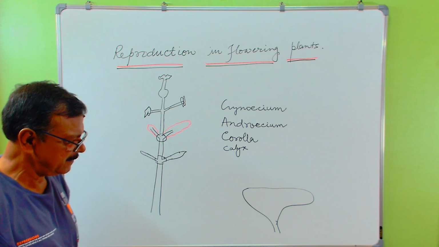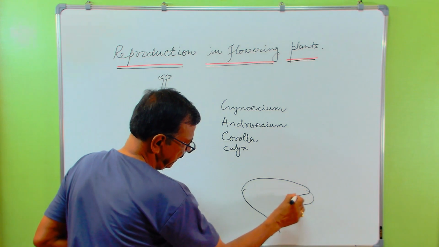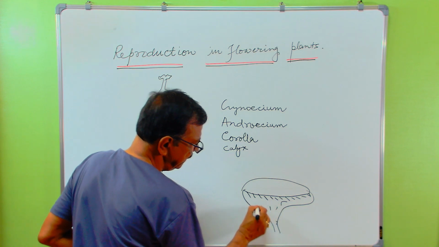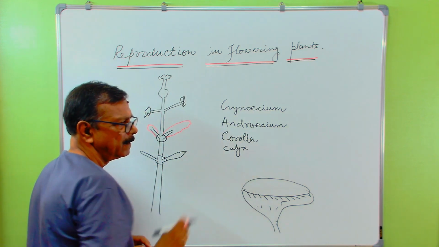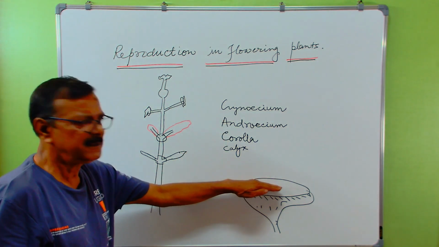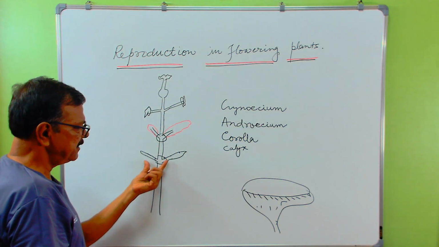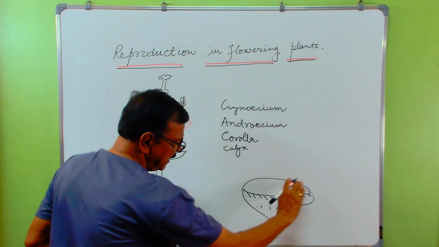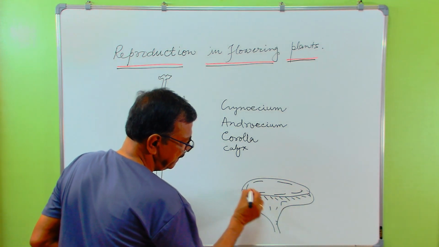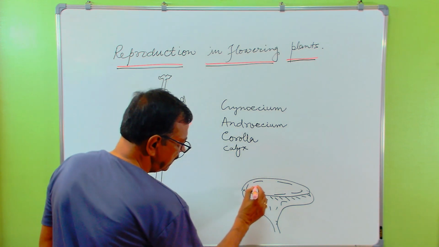You will find this is called thalamus. In the thalamus, these four whorls are suppressed. So if it gets suppressed, the first calyx will come. If you cut it, you will see calyx are here. Then you will find corolla here.